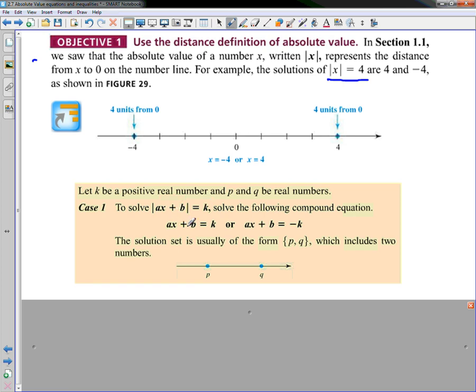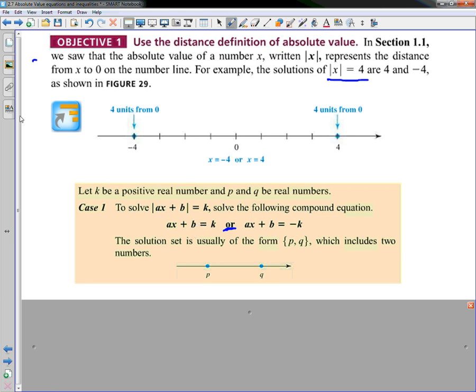We're going to take the inside of the absolute value, set it equal to the positive value k, and then we're also going to look at the OR statement. Another solution is we're going to take that inside value and set it equal to -k, because the absolute value of k and the absolute value of -k have the same value. So we're going to solve for both of those.